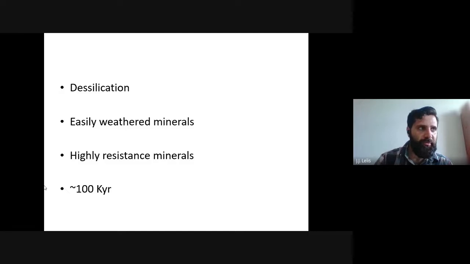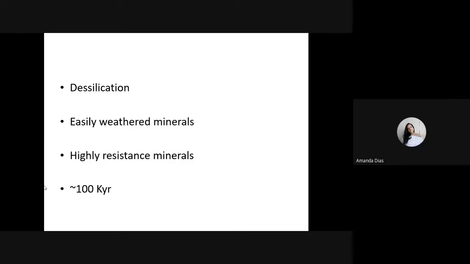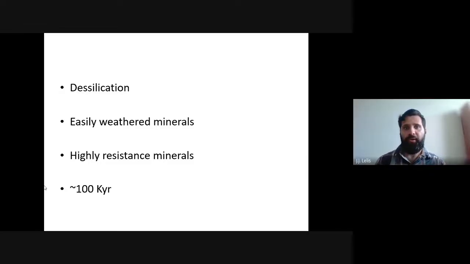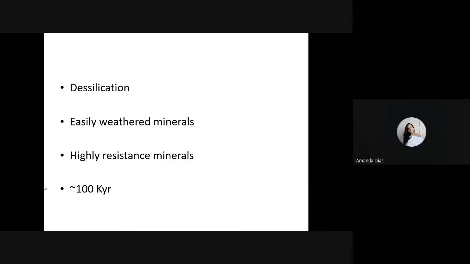We need to understand that some minerals have other properties that influence their resistance to weathering, okay? But it's a very good way to get a general perspective of how minerals could be weathered and how fast they could be weathered. Okay? Okay, teacher.